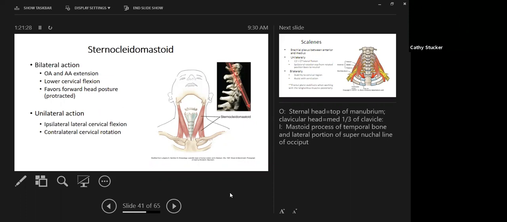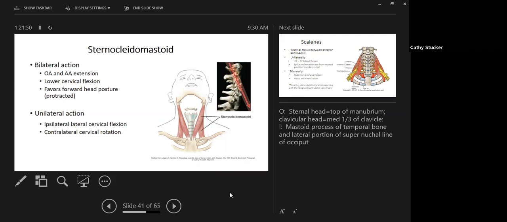The others you need to recall from anatomy. So the sternocleidomastoid, I think it's fascinating because you get upper cervical extension, so extension of OA and AA, but flexion of the lower cervical spine. So it has a dual impact.